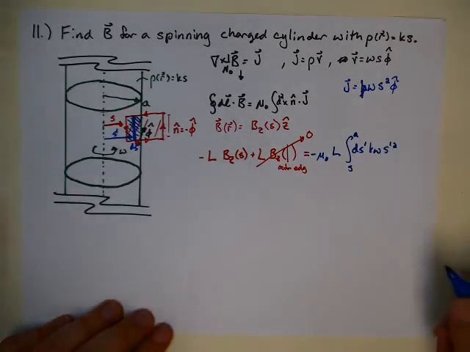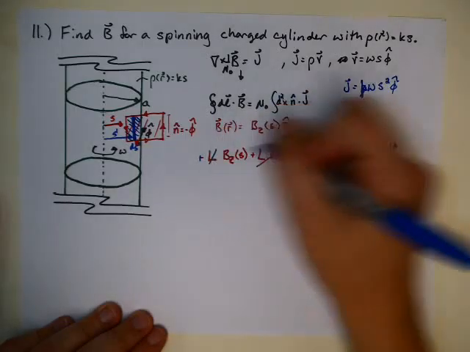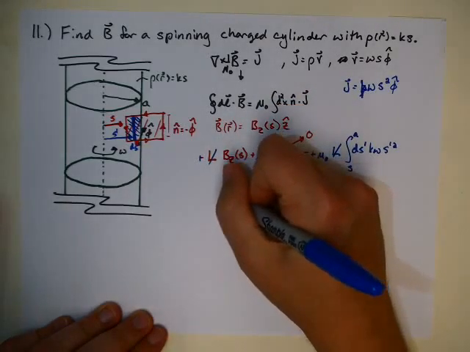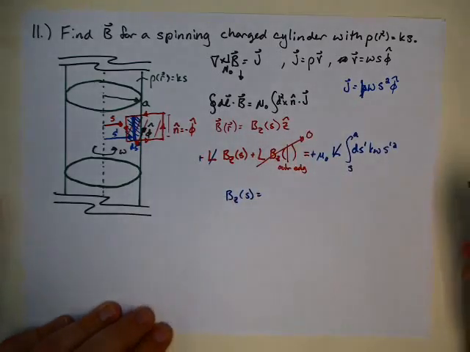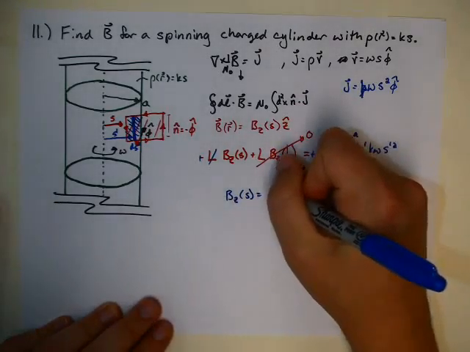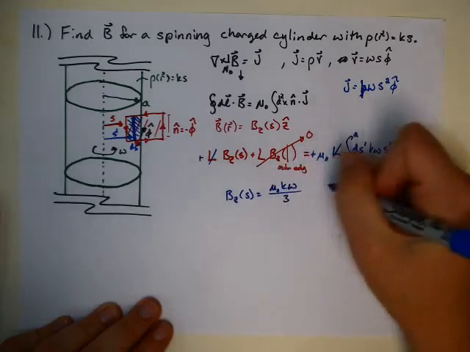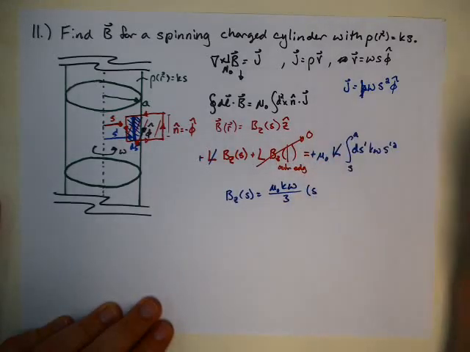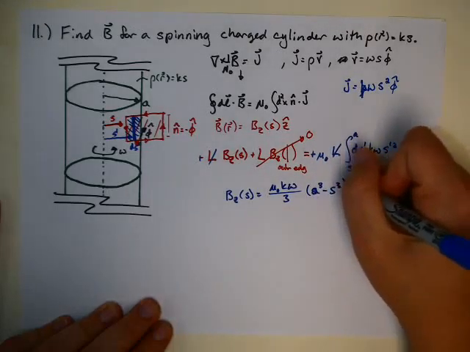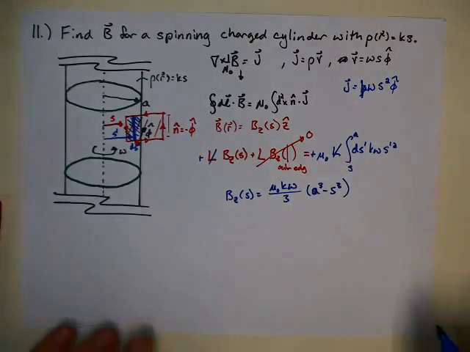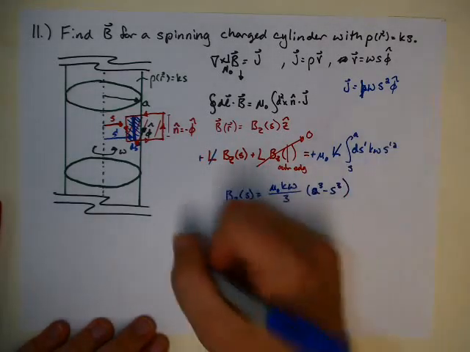So this is a trivial integral to do. First of all, I see that the minuses go away, the L's will go away, and this says that Bz as a function of s should be, we get mu naught k omega over 3 times a cubed minus s cubed. And there we go. And so that's our magnetic field inside the cylinder.